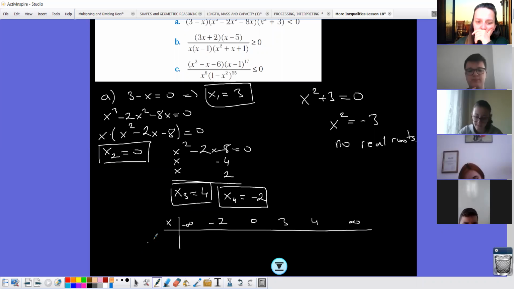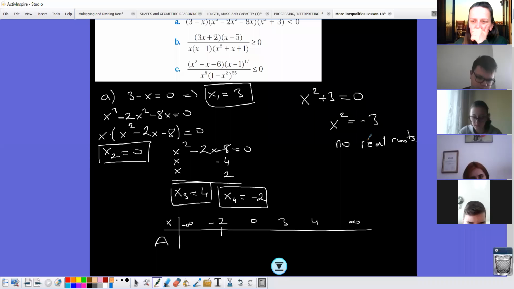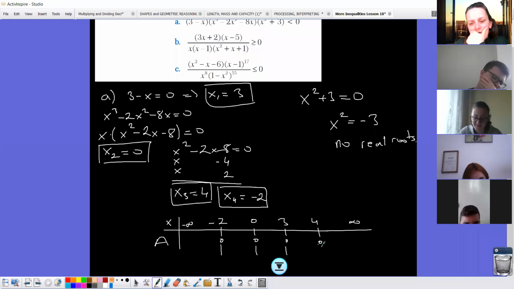I will not write all the expression. Let's say this is A, and it is less than 0. Will the dots be filled or empty, Alexander? Empty, teacher. Then in them it will be empty.